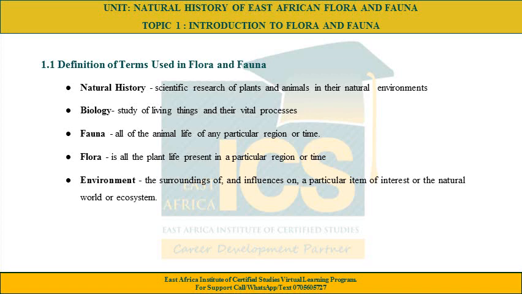Natural history is the scientific research of plants and animals in their natural environment. It is concerned with the degrees of organization from individual organisms to an entire ecosystem, and emphasizes identification, life history, distribution, habitat, and interrelationship. It may include an aesthetic component.